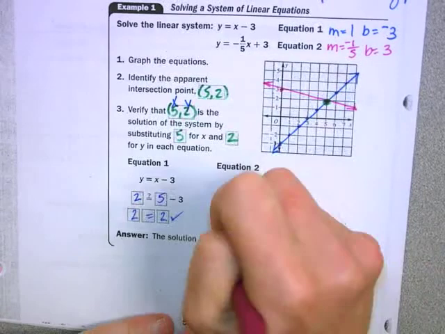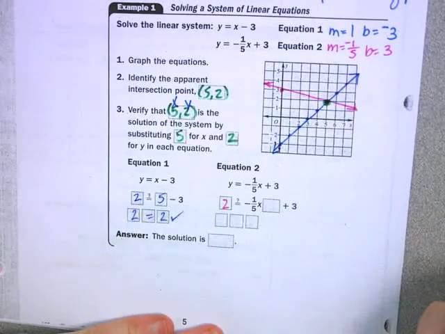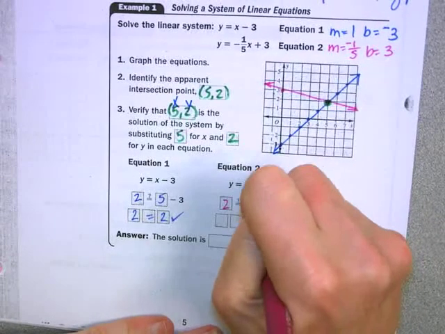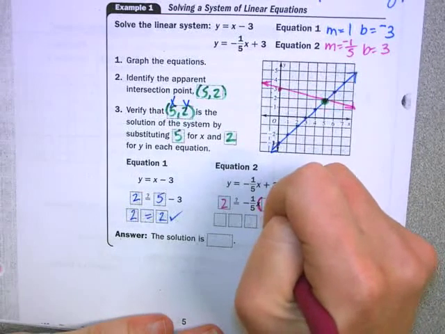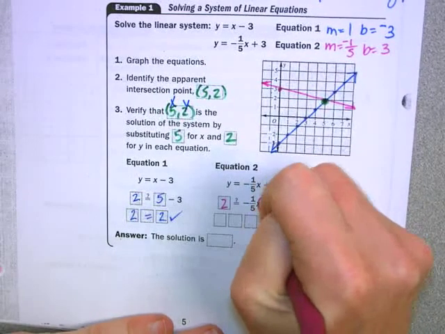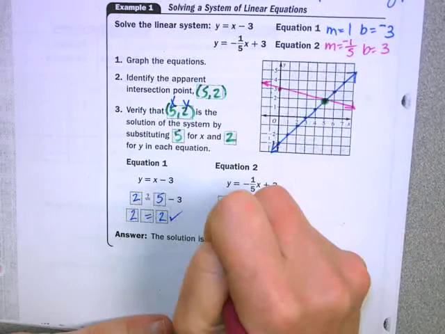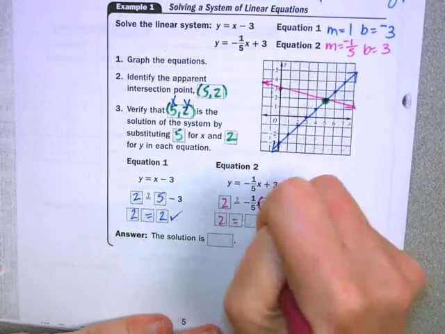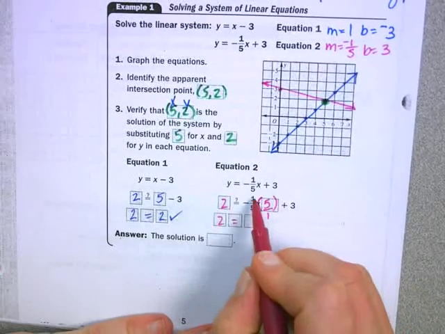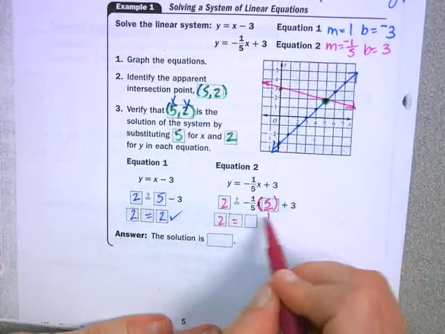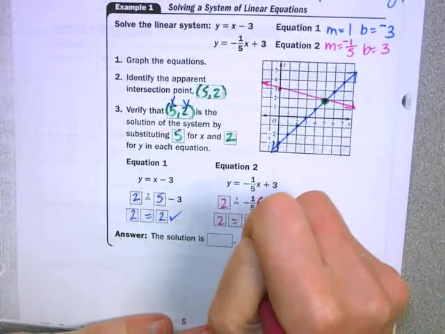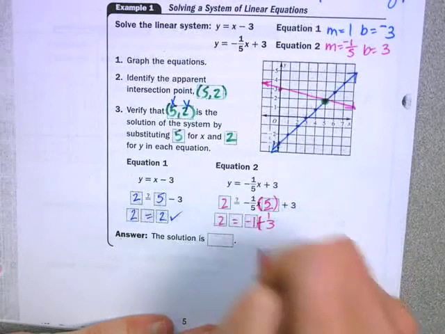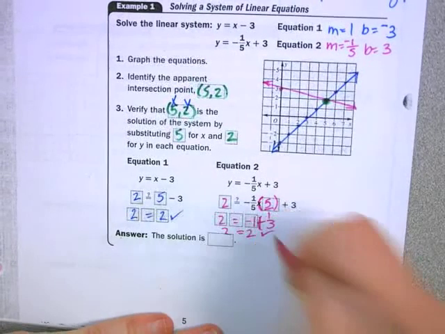So y is 2, equals -1/5 times, what number? The x, right? So it's 5, plus 3. So 2 equals, that's like 5 over 1. So 1 times 5 is 5. So that reduces to -1, plus this 3 over here, which is 2. 2 equals 2, that checks.